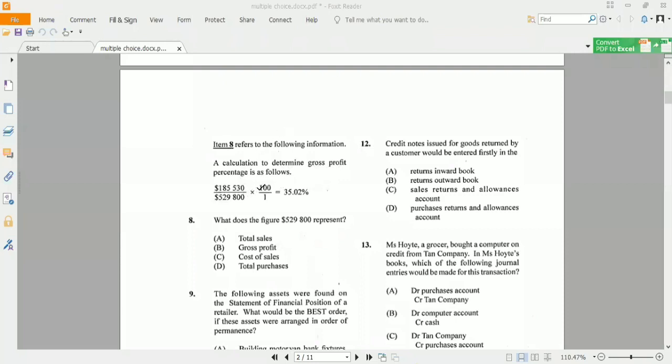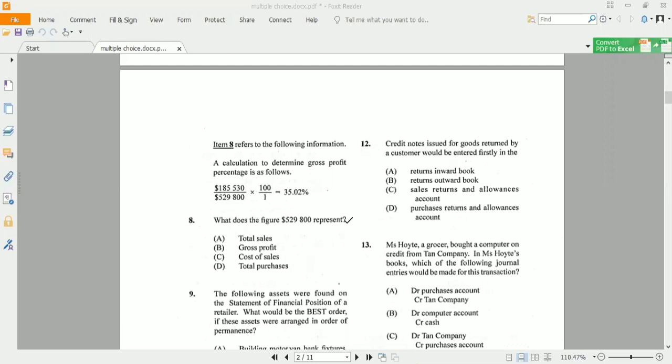And we have $185,530 divided by 529,800 times 100. So basically, we have the gross profit percentage right here. And you're asked to tell the examiners what the 529,800 represents.